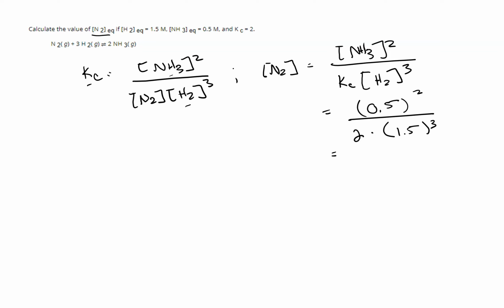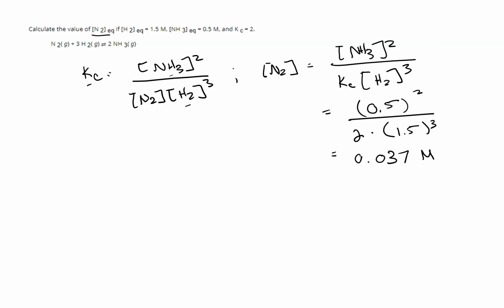And what this will give us, once we solve it all together, is 0.037 moles per liter for our equilibrium concentration of nitrogen gas.